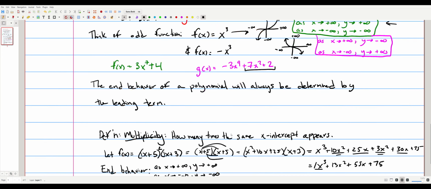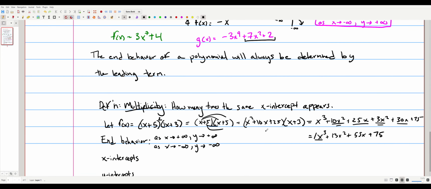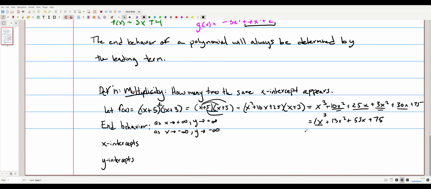Now, in this example, it just so happens that our leading term is x cubed, but it doesn't matter whether it was x cubed or x to the 7th or x to the 9th or x to the 11th. As long as it's odd, it's going to have the same end behavior. The fact that it was 3 is just a coincidence. So what does this tell us?